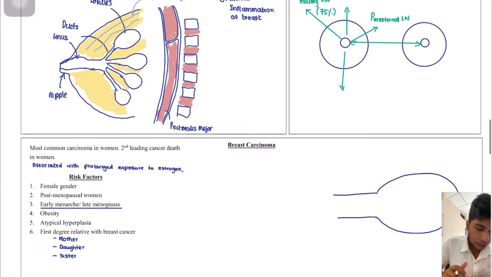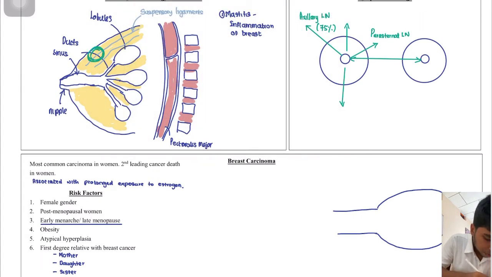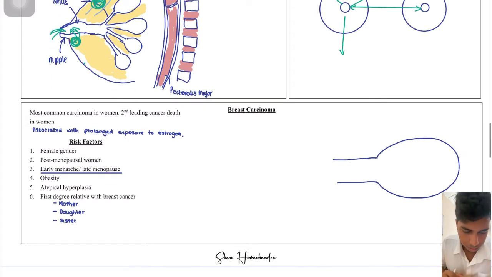And remember, in women it is more common to have carcinomas above, because in men usually you get the carcinomas just below the nipple. Okay, and because of this, males will also have discharge. Okay, in women the most common location is usually above. In males you get it just below the nipple, and there is commonly associated discharge from the nipples.